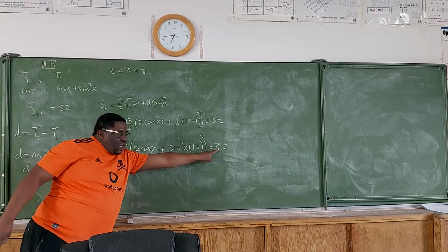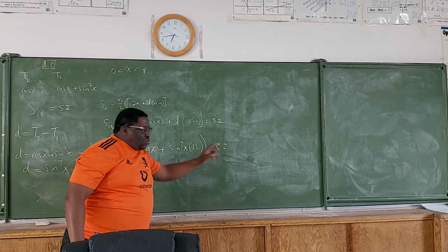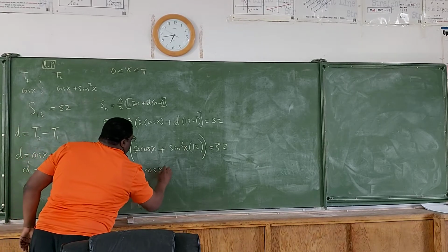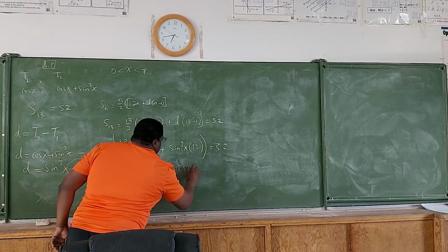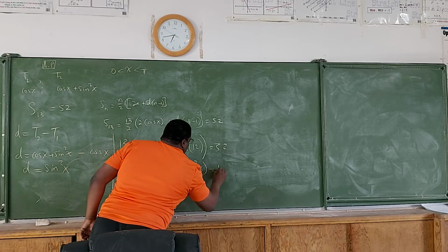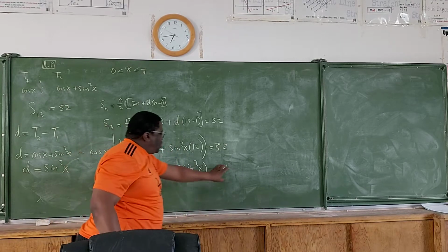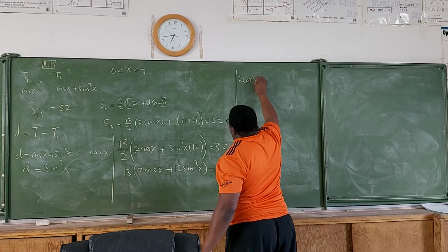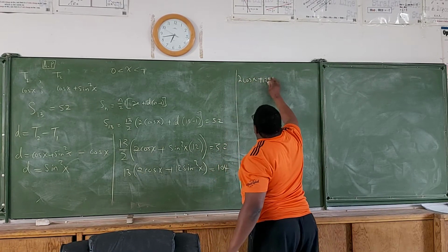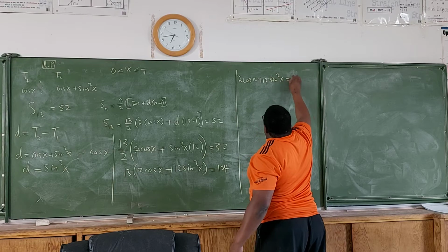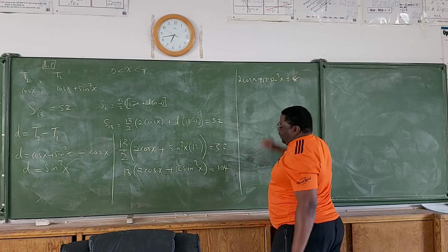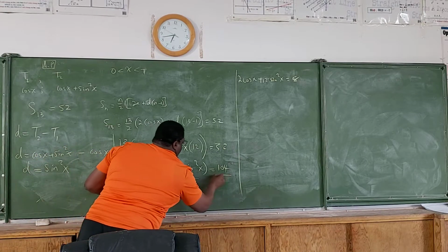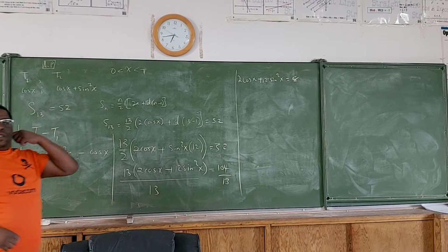Maybe multiply both sides by 2. 52 times 2 is 104. 13 goes there 8 times. So 2 cos x plus 12 sin square x is equal to 8, 8 coming from dividing here by 13 and here by 13.